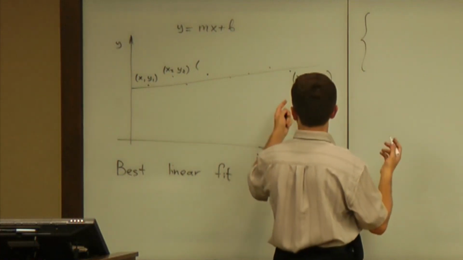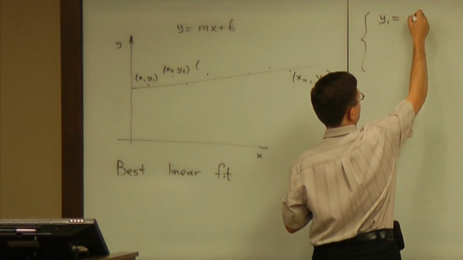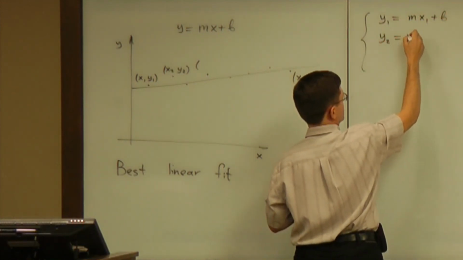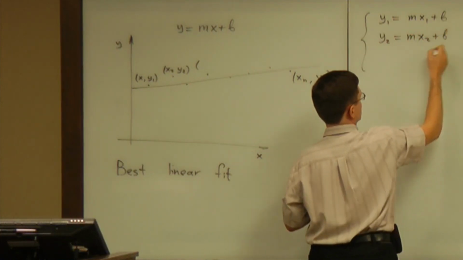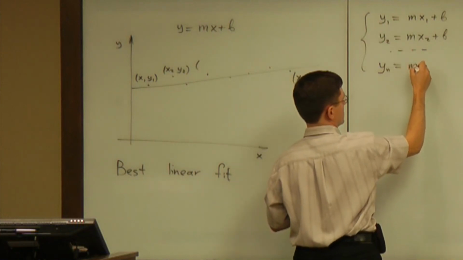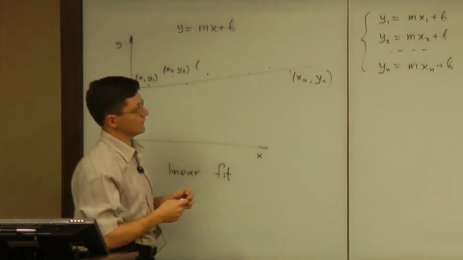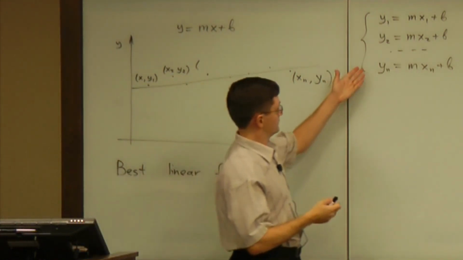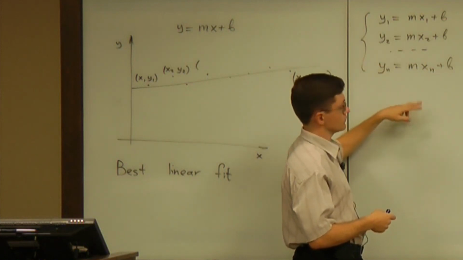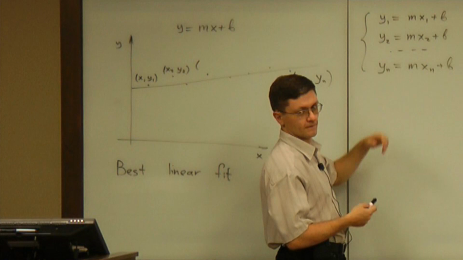Then the ideal thing would be to have y1 equals mx1 plus b, y2 equals mx2 plus b, and finally yn equals mxn plus b. And if it is possible to satisfy this system, you just set up the system and solve it for m and b, because those are the only unknowns in the system.